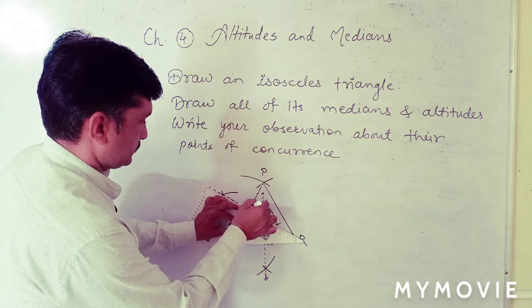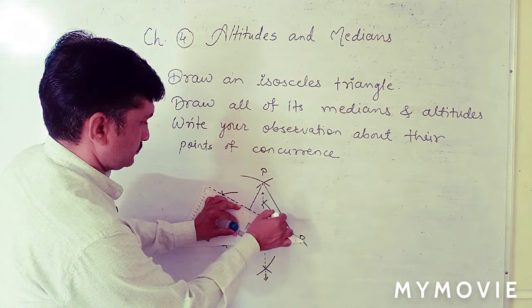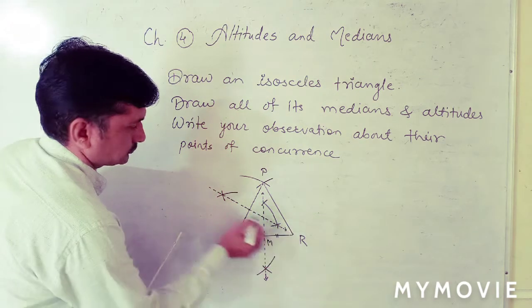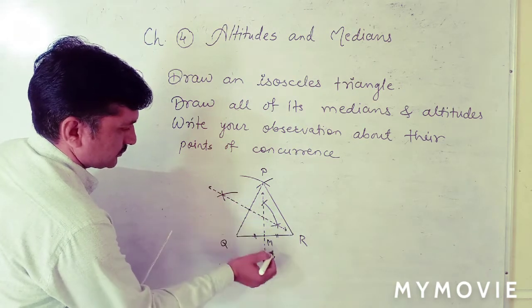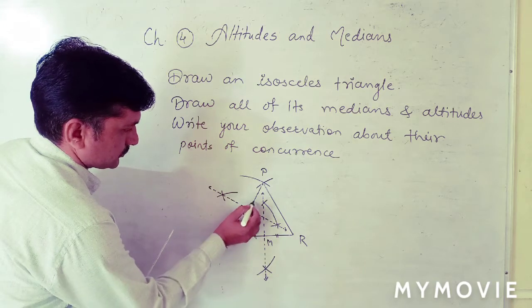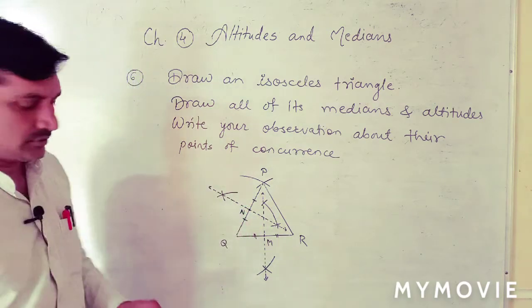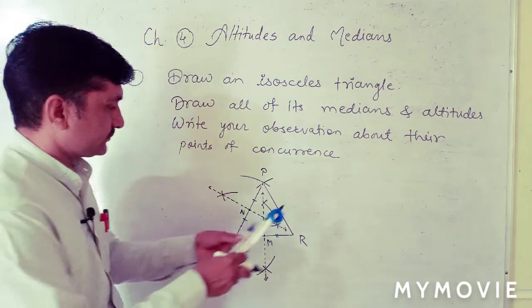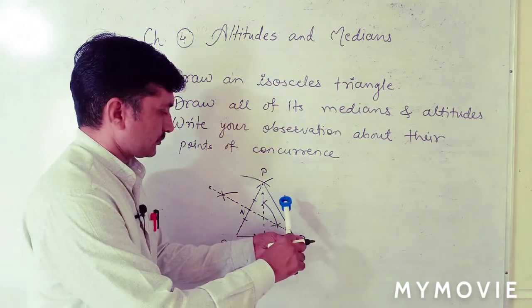Draw a line passing through. Here is the midpoint. I write N here, identical mark. Okay. Now one more, PR, is left. Same for PR.